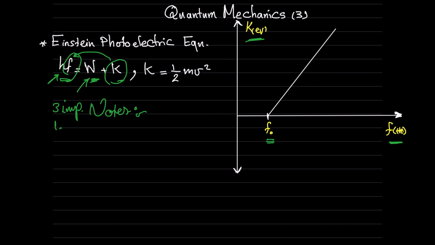One very important point is that it's impossible to plot this straight line from the origin, because plotting this straight line from the origin implies that we can release an electron with a zero-energy photon, and this is illogical and impossible.